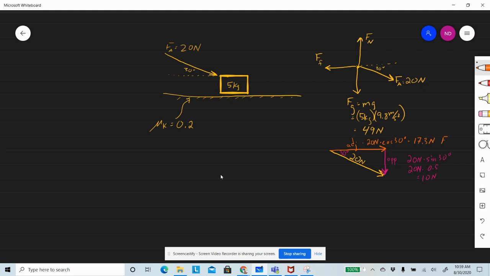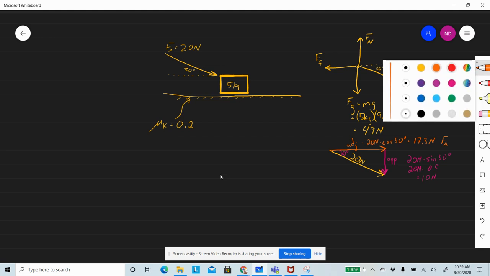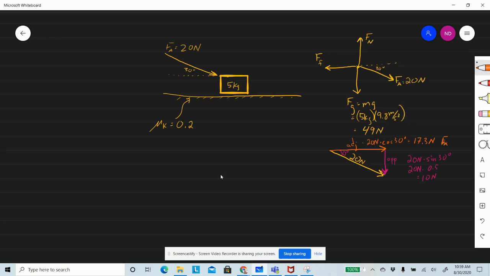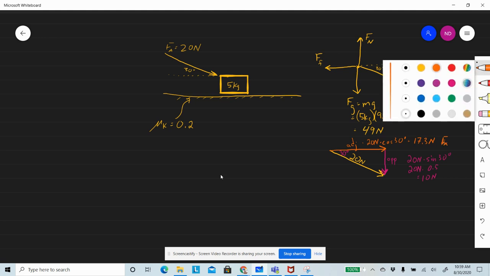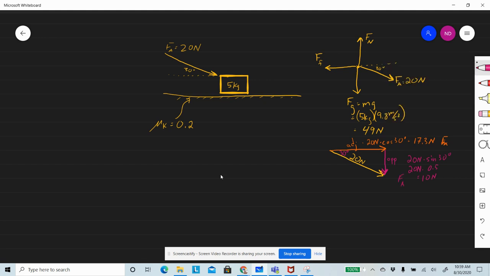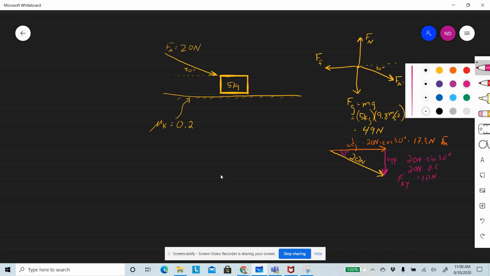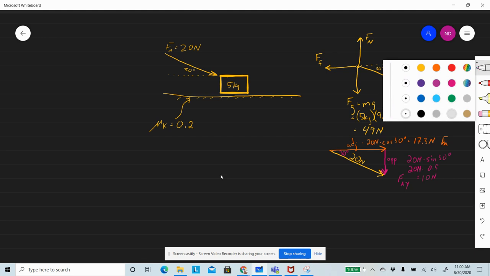That's the applied force in the x direction, and the force applied in the y direction is 10 newtons. Really important to figure that out, because the next step is always to sum the forces in the x, and sum the forces in the y.